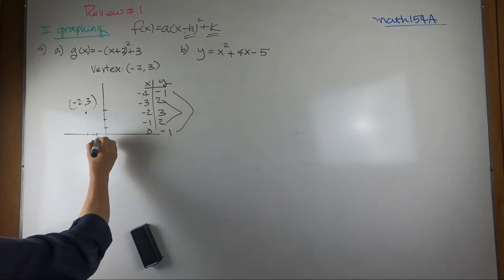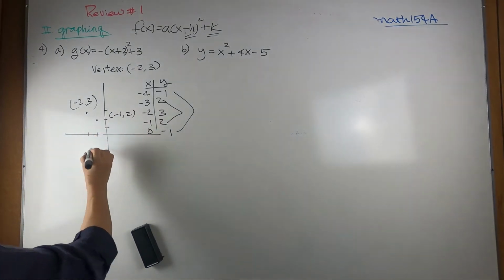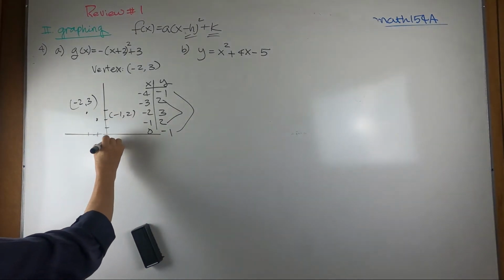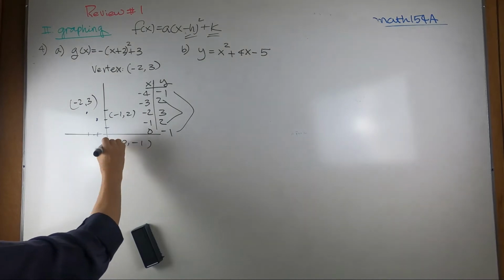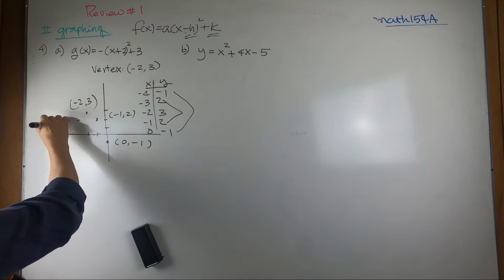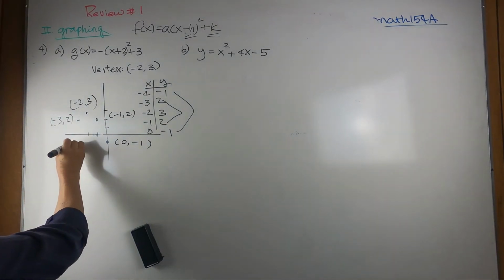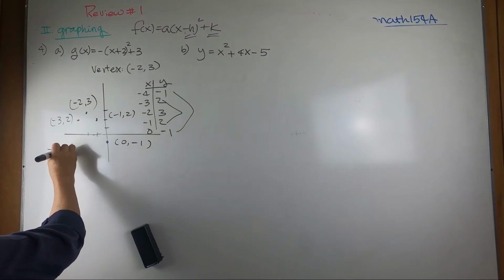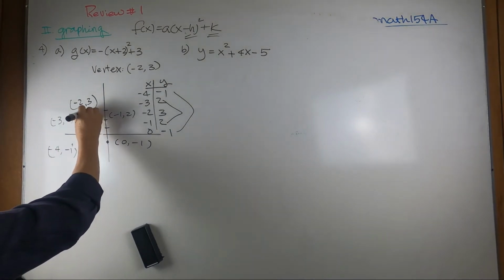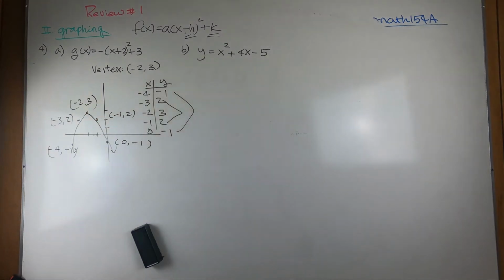Then -1 would be 2. Here 0 would be -1. Then this side would be -3 and 2. Also -4 and -1. So if you have a vertex form, it will be much easier for your t-table, right?